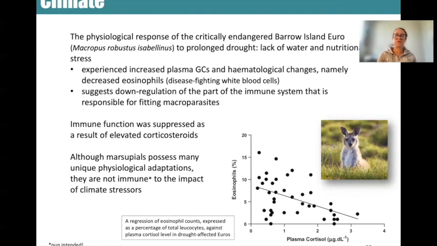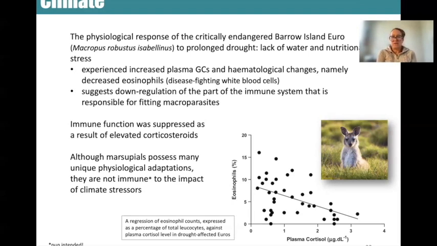There was a decrease in eosinophils, which are disease-fighting white blood cells. This suggests a downregulation of the part of the immune system that is responsible for fighting macroparasites during drought conditions. So immune function was essentially suppressed as a result of elevated corticosteroids.